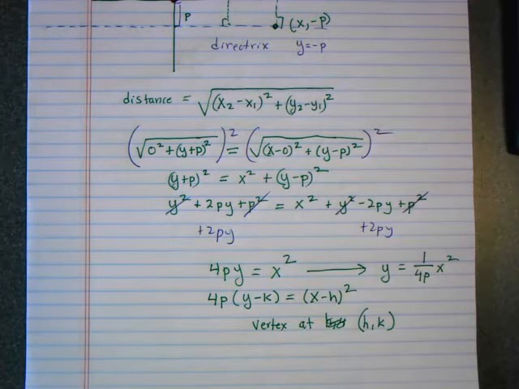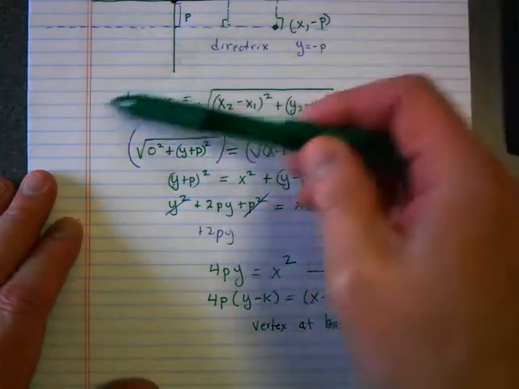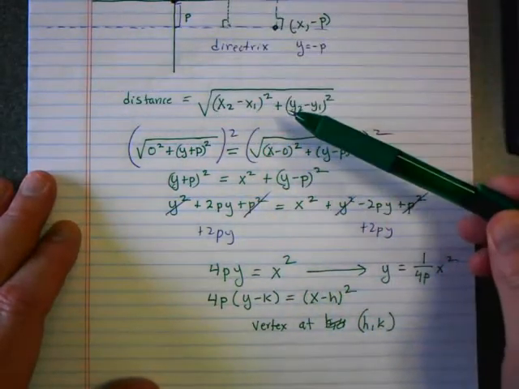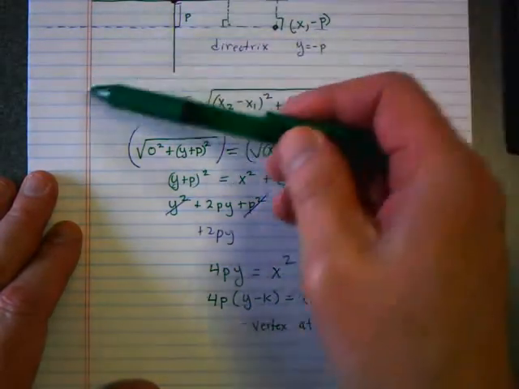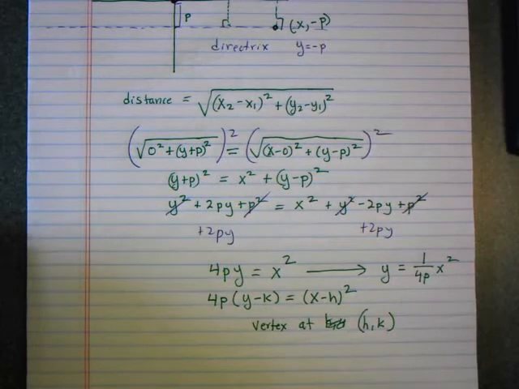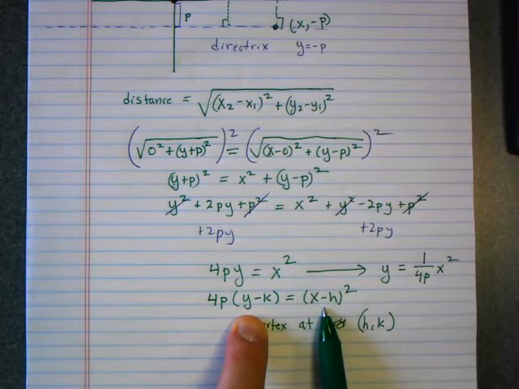Now, sometimes we like our parabolas going up like this. Of course, sometimes we have parabolas that go down. What would be the difference between a parabola going up and a parabola going down? How could I take this equation right here and make the parabola go down? You guys are thinking too hard.